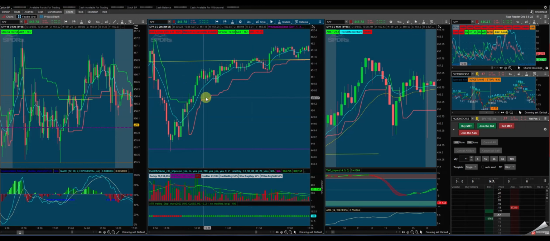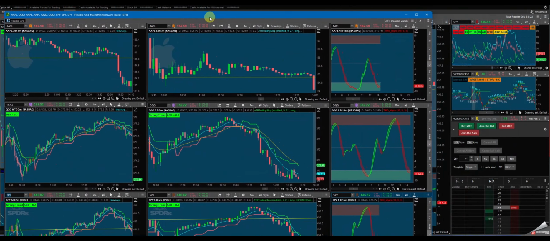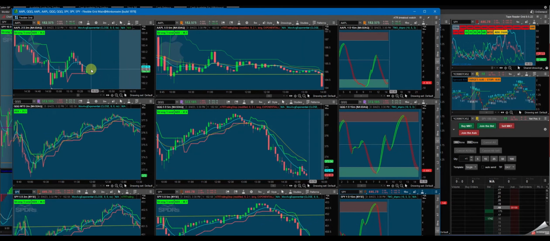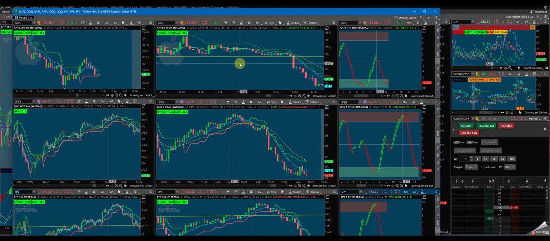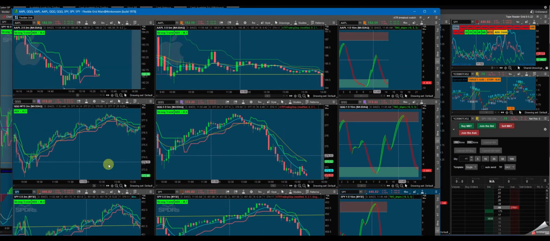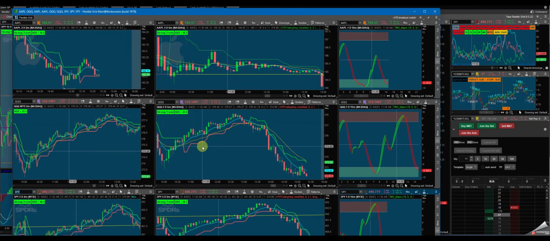So then I said, okay, we have to match the 2, the 5, and the 15. And this chart will show you a little bit better demonstration. Okay, so if we look at the QQQs here in the middle, the left chart is 2-minute, the right chart is 5-minute.